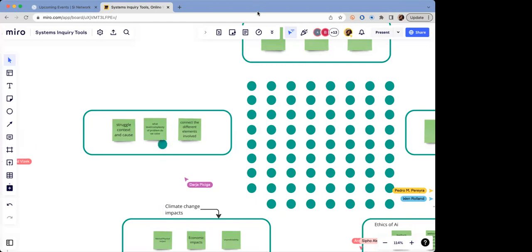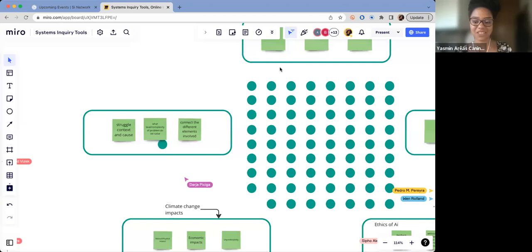The challenge of connecting everything, because after a while the canvas becomes very busy. You start to get a bit lost with all the arrows, what connects with what, sometimes the same thing going back and forth. So yeah, it was a very interesting exercise.